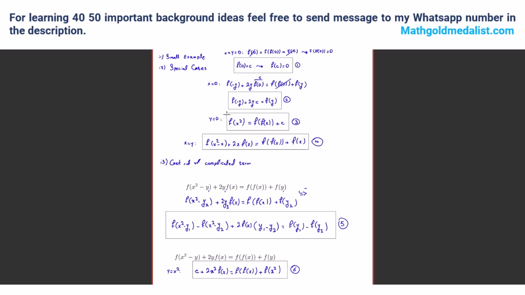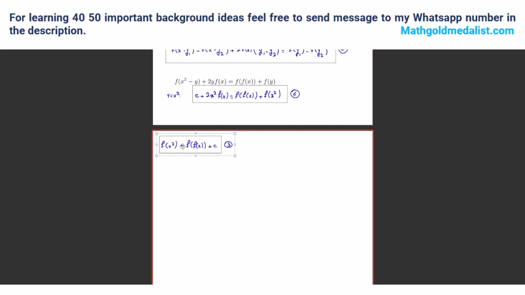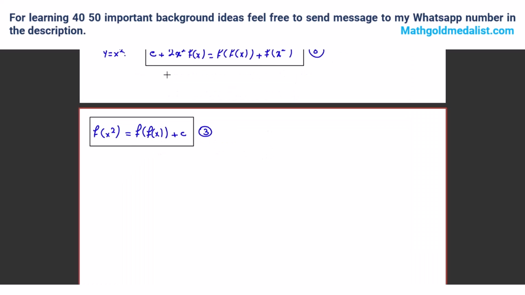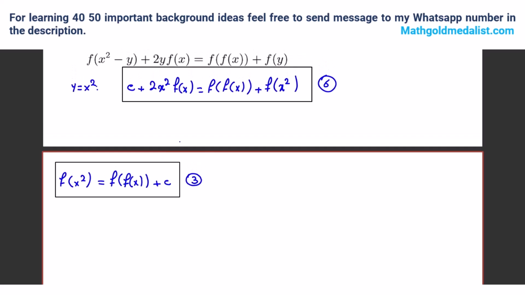So let me consider third result and this one. Okay. If we combine these two things together, instead of f of x, I can write f of x squared minus c. So let's write it.